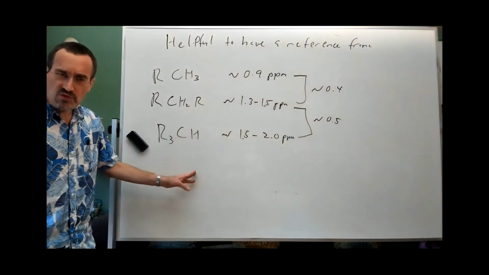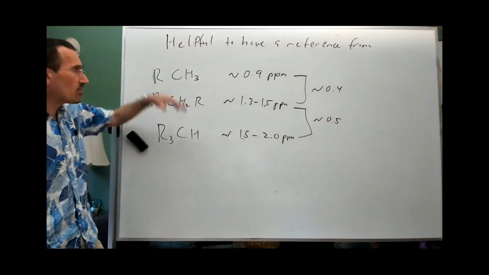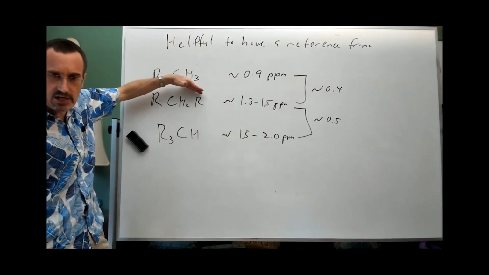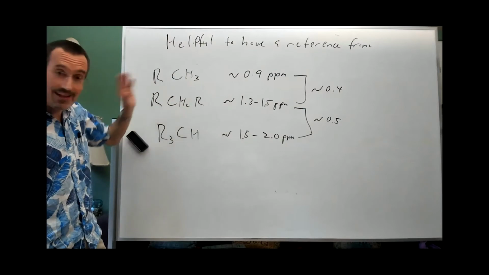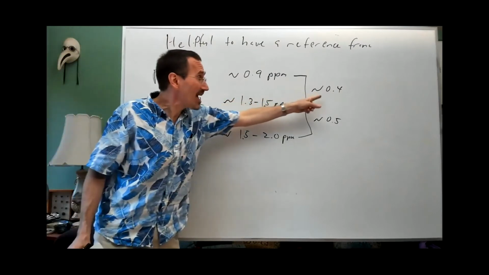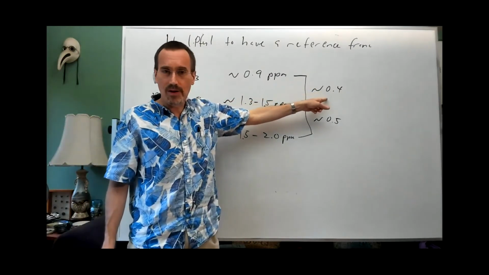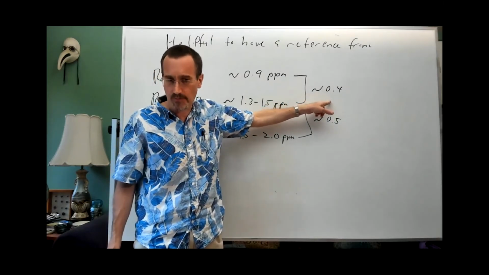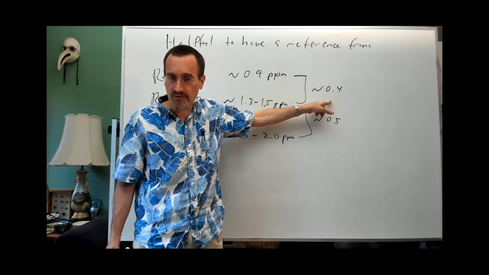Why is this useful? Because if you know the position of a methyl group, say next to a ketone, you can immediately intuit that a methylene group next to a ketone is going to be about 0.4 of a part per million more downfield.